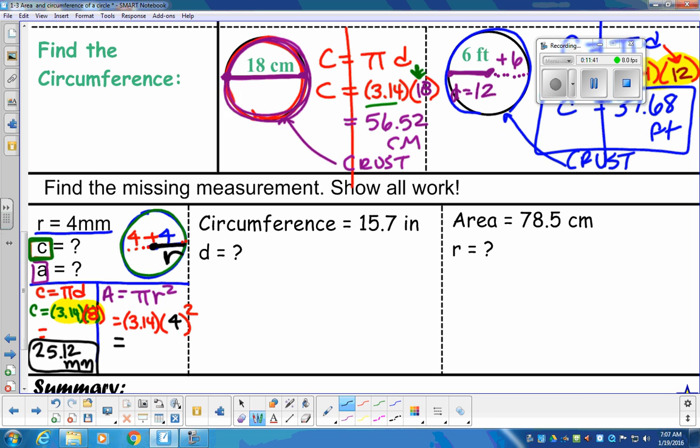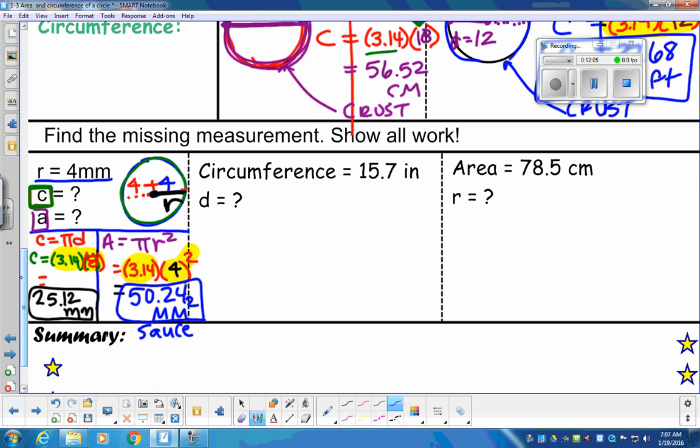In our calculator, we multiply 3.14 times the radius squared, radius to the second power. Everybody should be multiplying 3.14 times the radius squared. You should end up with 50.24. The units are millimeters squared. This is really a pizza sauce situation. The sauce, the yummy stuff, the space inside the pizza.